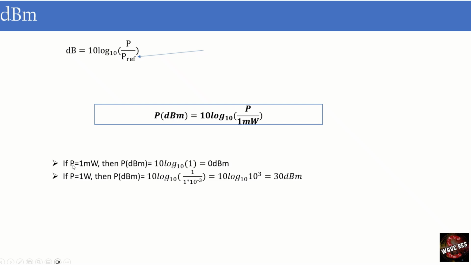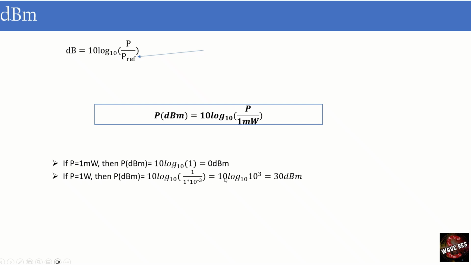So if you want to convert 1 milliwatt power into dBm scale, we can substitute 1 milliwatt here and it will become log 10 of 1, which is 0. Then P in dBm will be equal to 0. If we want to convert 1 watt, substitute 1 watt here, and you can see that it will become 1 by 1 into 10 to the power of minus 3.